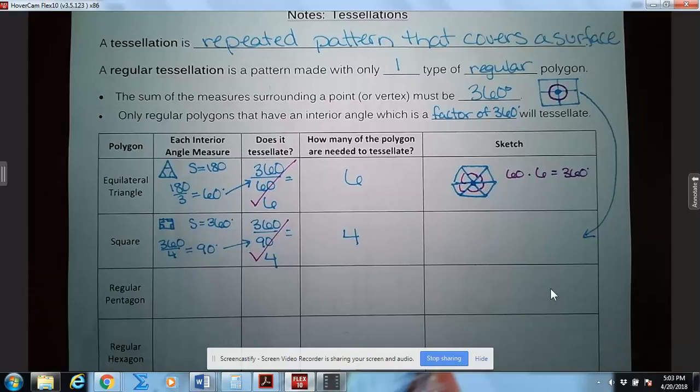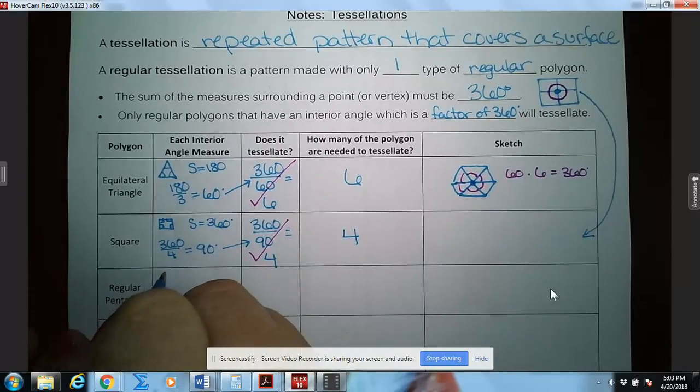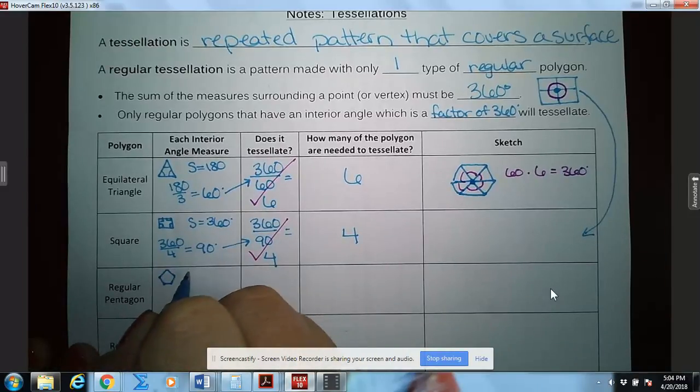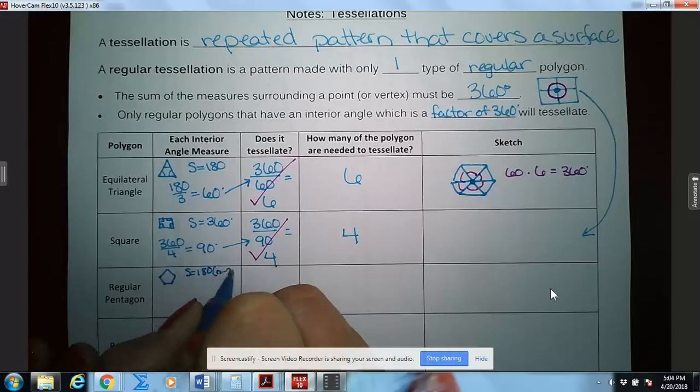All right, let's try a pentagon. Shapes are getting a little tougher, so take your time sketching it out. There's my pentagon. Maybe you don't remember the sum total of a pentagon. That one's a little tougher to remember. So if we need to go through, let's do that. The formula we're using here is S equals 180 times n minus 2.